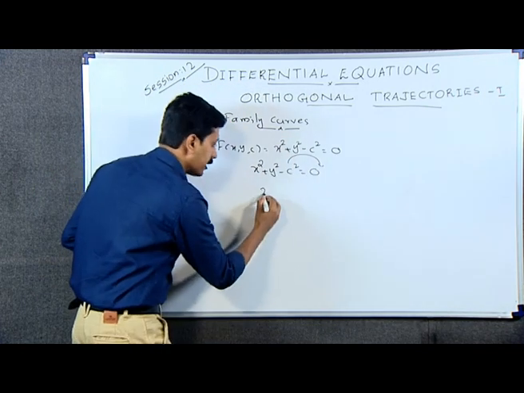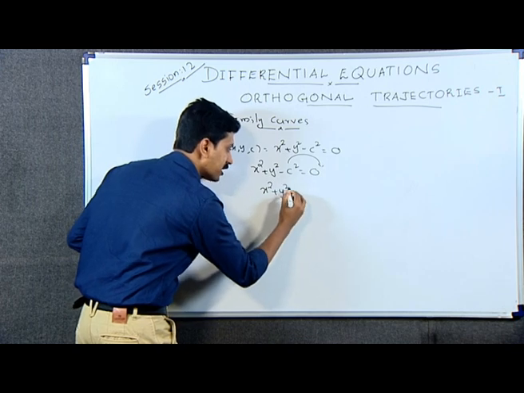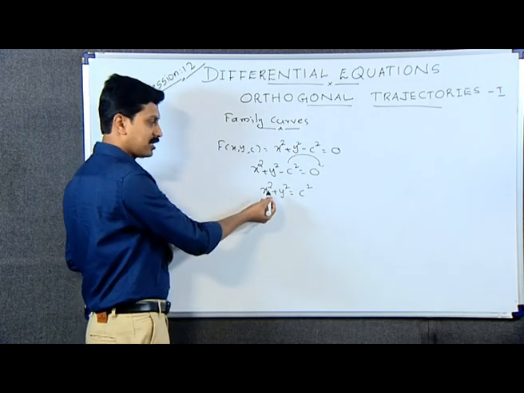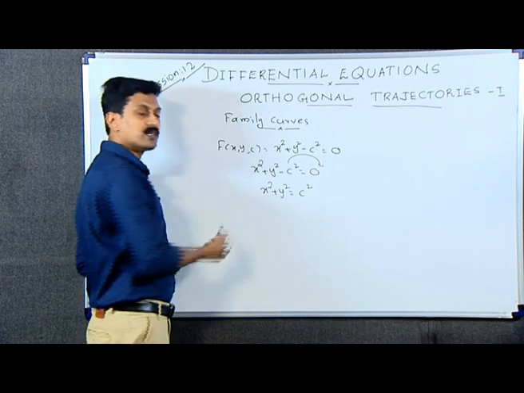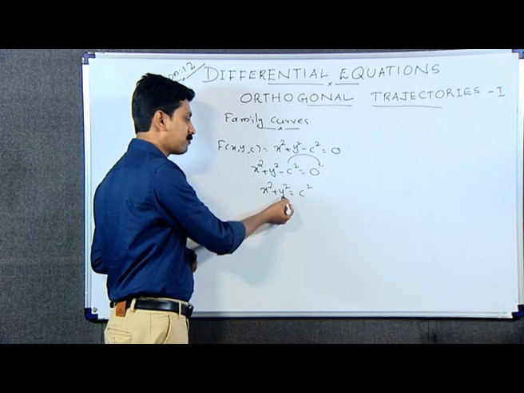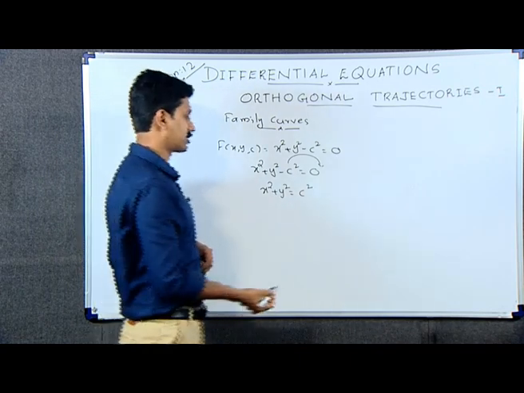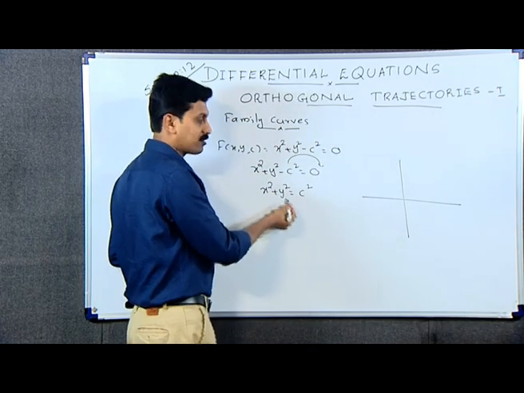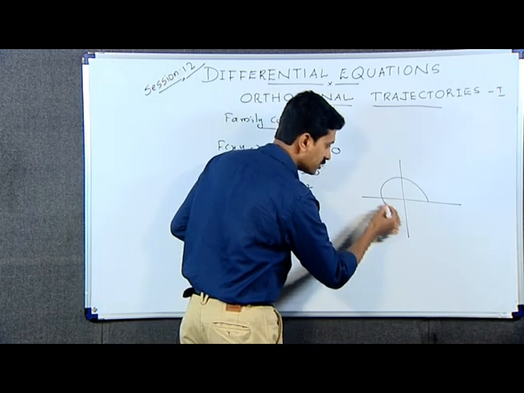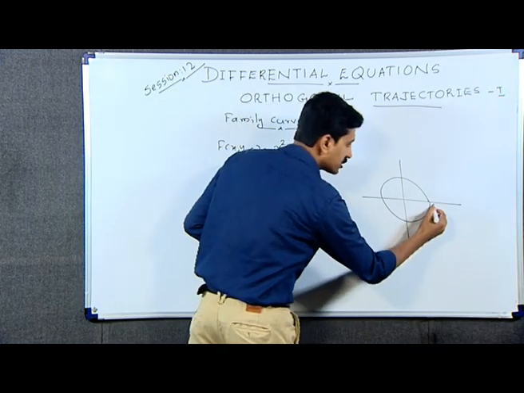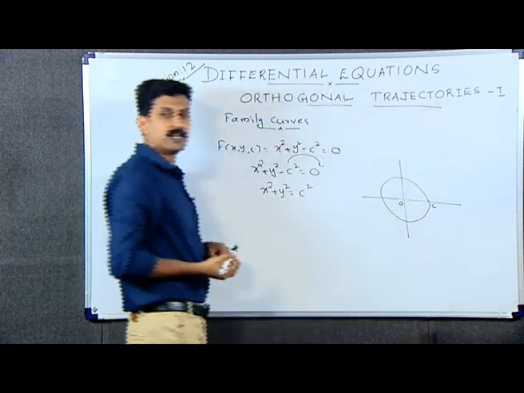What will happen? x square plus y square equal to c square. From our basic high school classes we know that x square plus y square equal to c square is a geometric structure: circles centered at the origin with radius c.